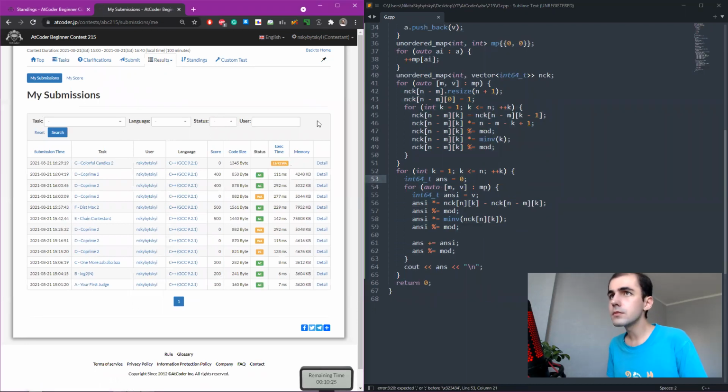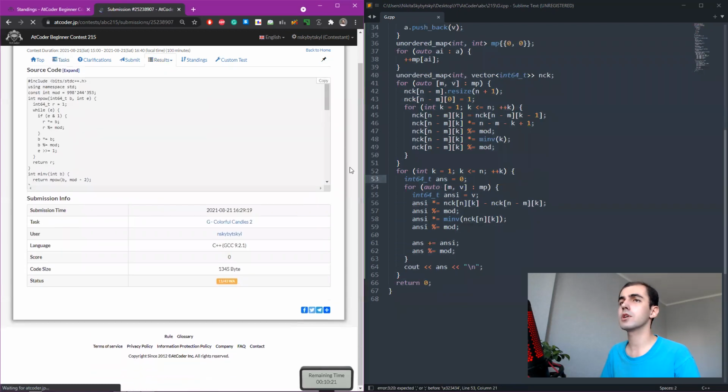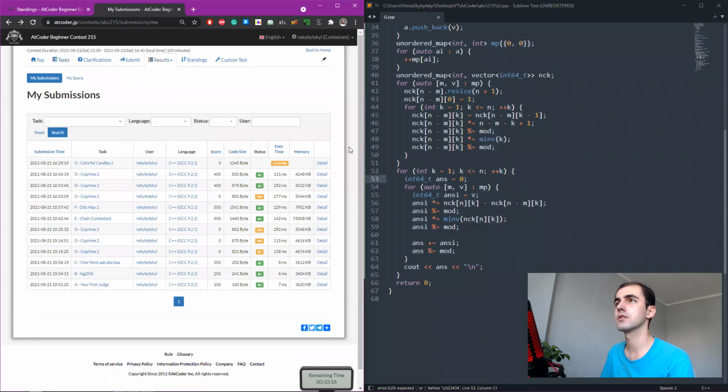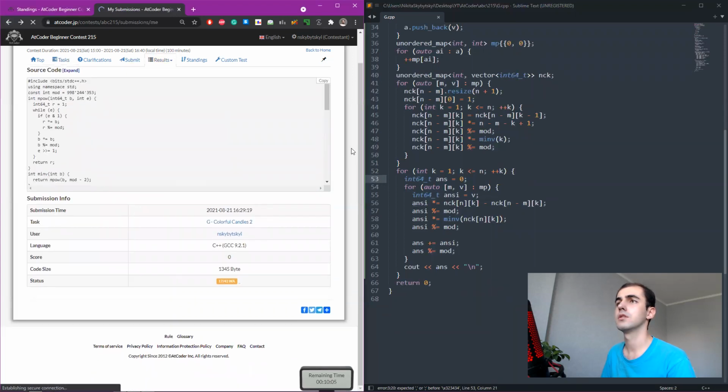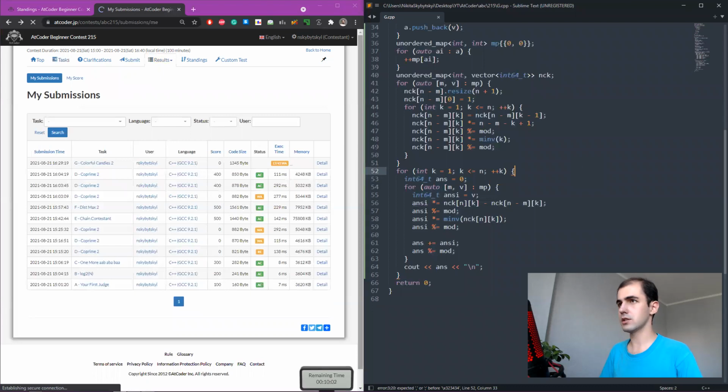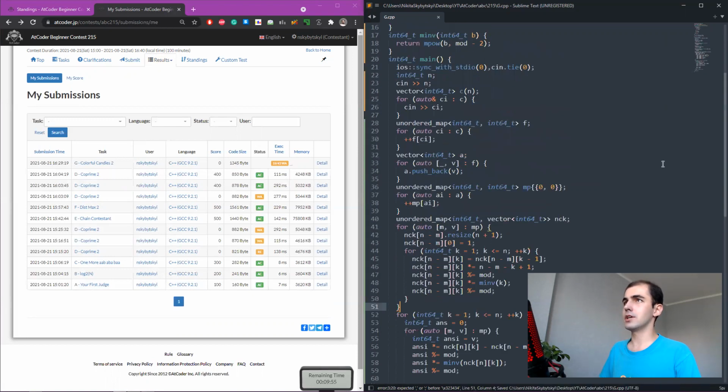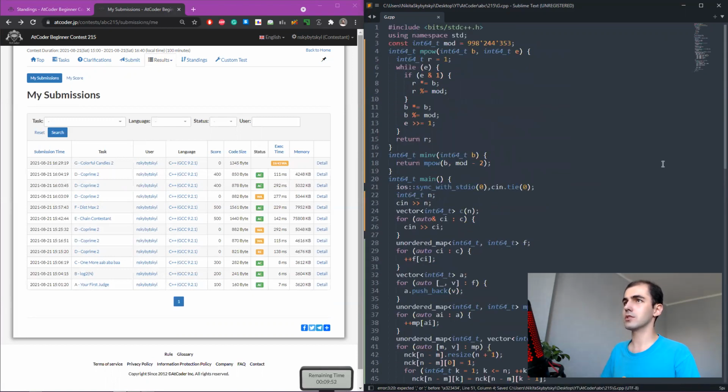Oh no! But the thing I care more about is whether it gets a TLE or not. Okay, certain things that we can obviously change is change that to that, but I'm not sure how much it helps.